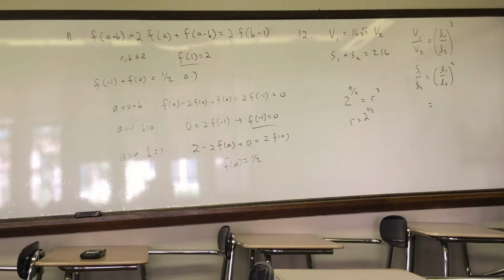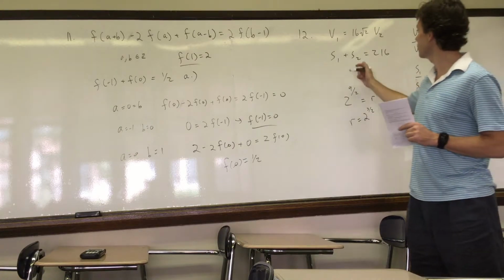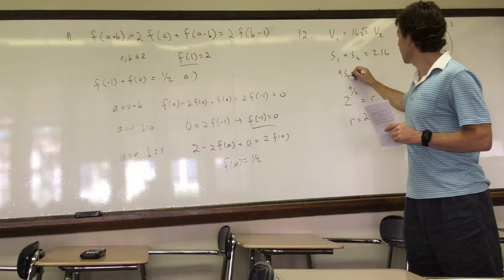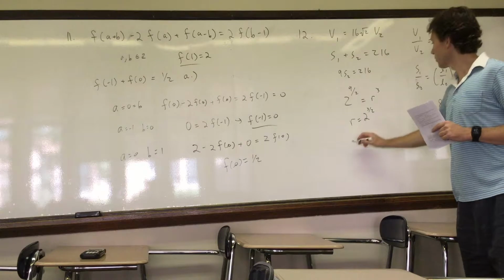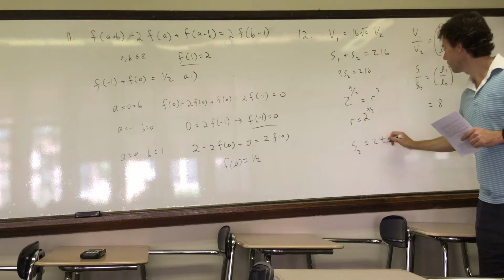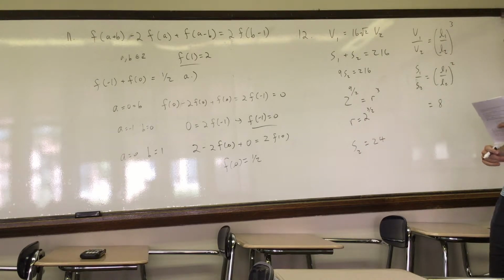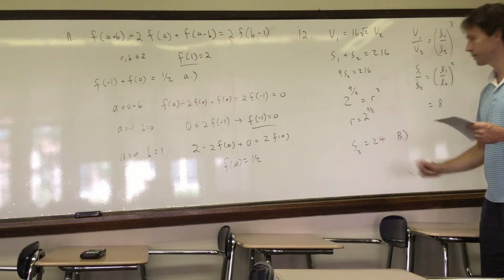Then the ratio of surface areas is going to be 8. So S1 is 8 times S2, and 9 times S2 equals 216. So S2, 216 divided by 9, is 24. The surface area of the smaller solid is 24 square inches. That's answer B.